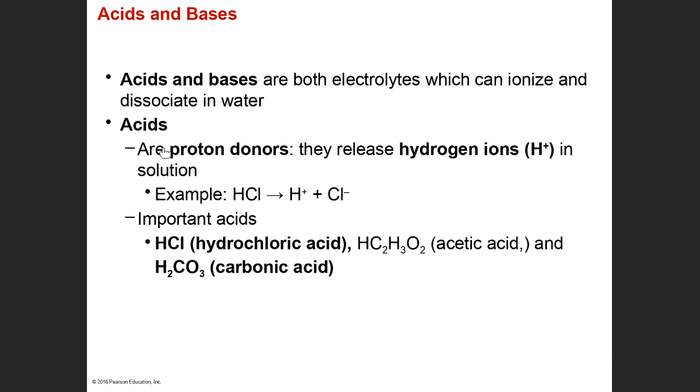You should know the definition of an acid. An acid is an electrolyte, or you don't have to say electrolyte. It's a substance that is considered a proton donor. When we talk about protons here, we're talking about hydrogens.